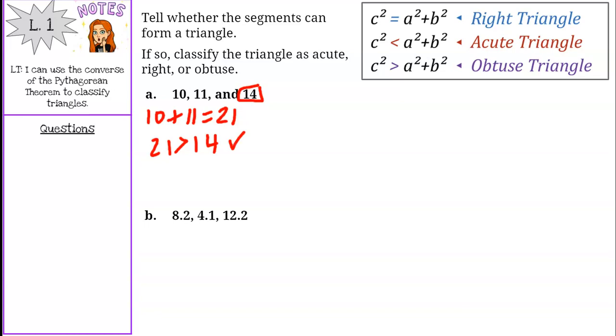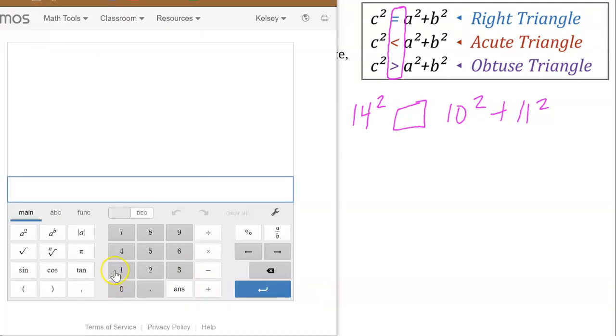Now we just have to determine if it's a right triangle, an acute triangle, or an obtuse triangle. To do that, I'm going to take my largest side, 14, and square it. I'm going to put a little box here because in that box is going to go my symbol. Then I'm going to do 10 squared plus 11 squared, my two remaining sides. I'll use a calculator to help me out. 14 squared was 196.